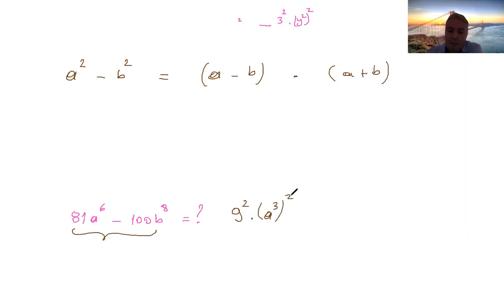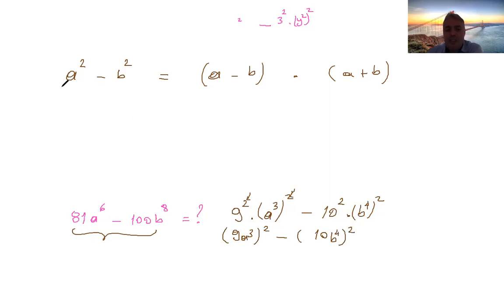I prefer to get a common power of 2 to make the calculation easier. 100 is 10 to the power of 2, and b to the power of 8 is b to the power of 4 to the power of 2. b to the power of 4 to the power of 2 means b to the power of 4 times 2, and a cubed to the power of 2 means a to the power of 3 times 2, which is 6. Then since I have a common power, I can write 9a cubed to the power of 2 minus 10b to the power of 4 to the power of 2.